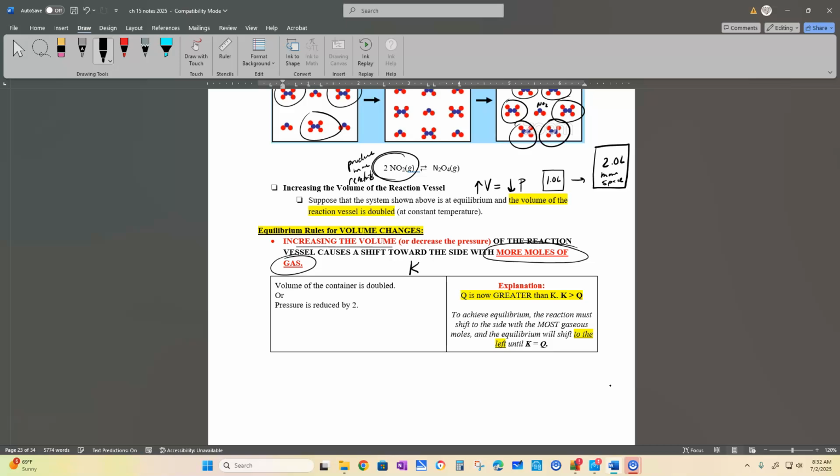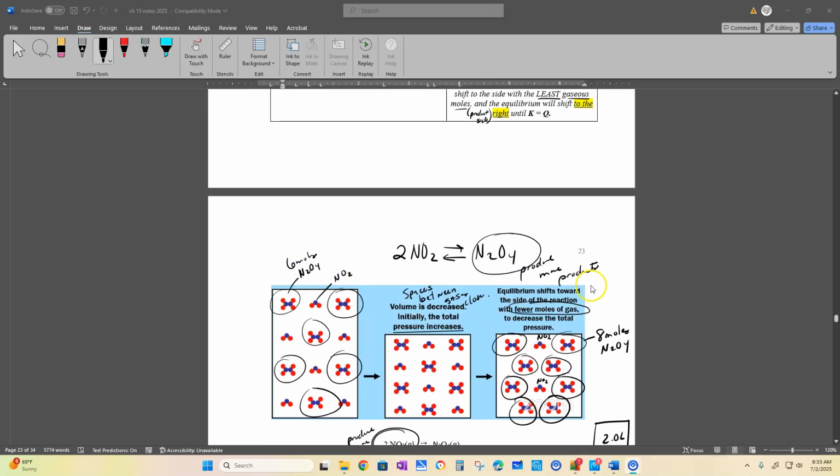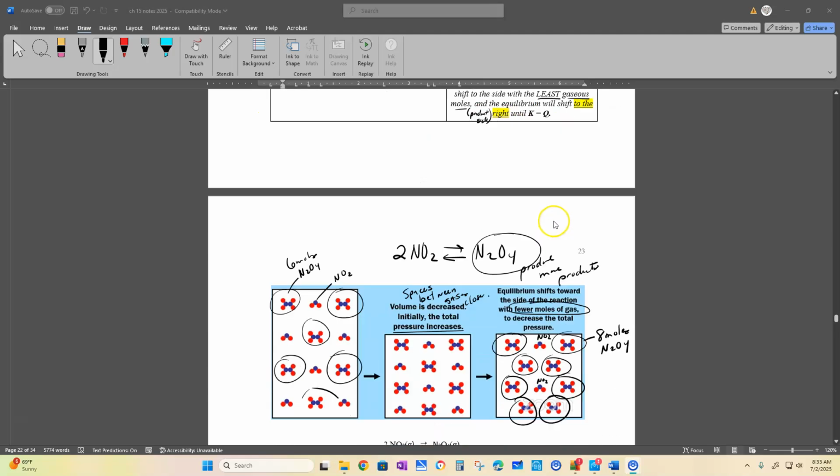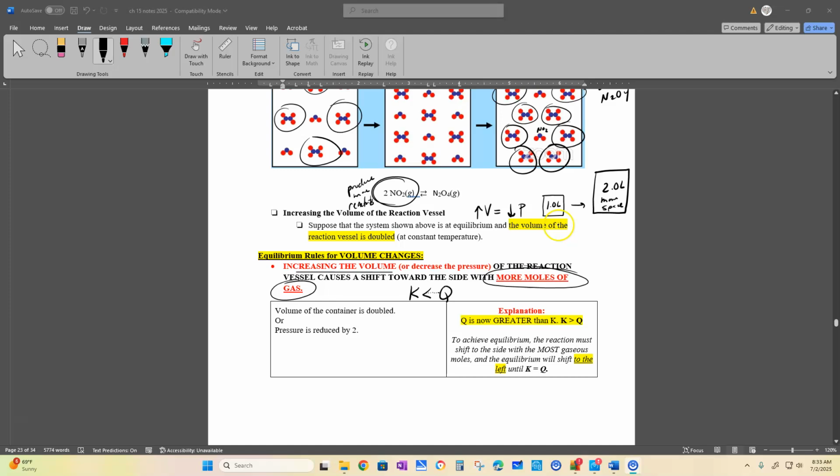So notice my K and Q, if I needed to shift this way, then that means, oops, right there. Oops, I know I had a boo-boo there. All right. Since right here, my Q is now greater than my K, because in this scenario over here, my Q is less than my K. And I got to fix this right here.